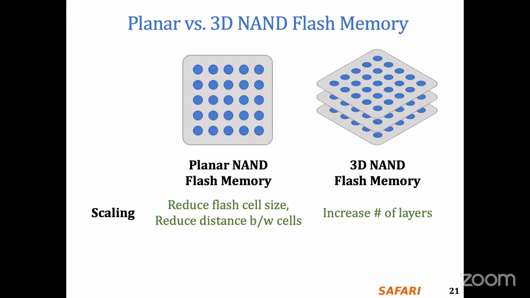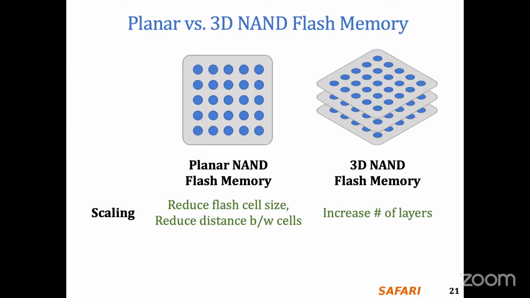Another thing, a very brief background, is about planar versus 3D NAND flash memory. Technology in the past was planar NAND flash memory, which is a 2D architecture. In order to provide enough scalability, industry had to reduce the cell size in flash memory.